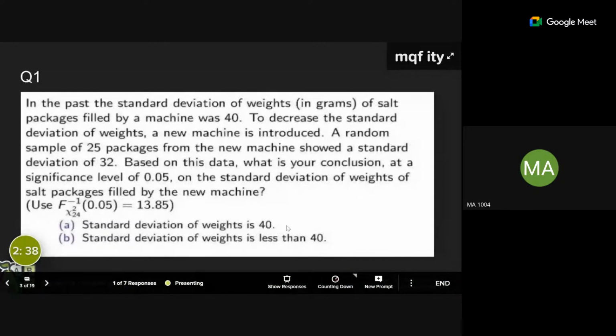Is it clear what the question is? So some standard deviation is given to us, and we will be checking whether the standard deviation is 40 or not 40. Okay.